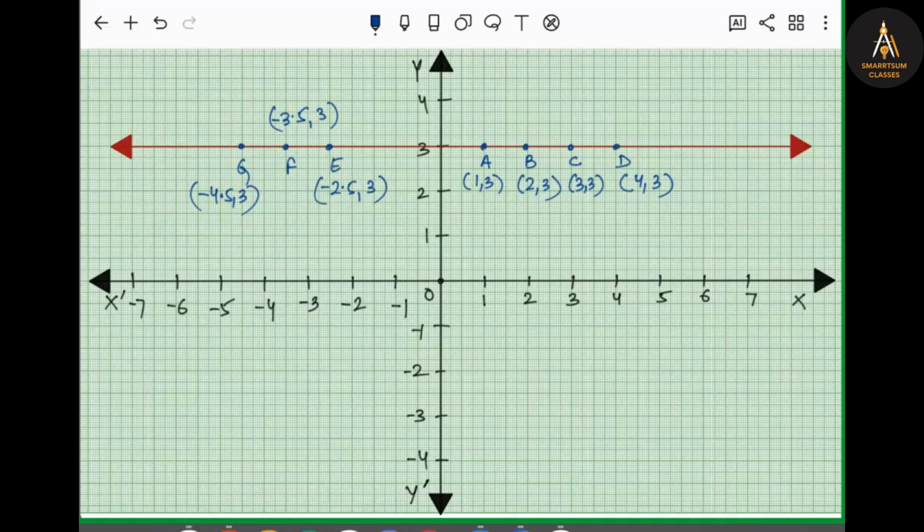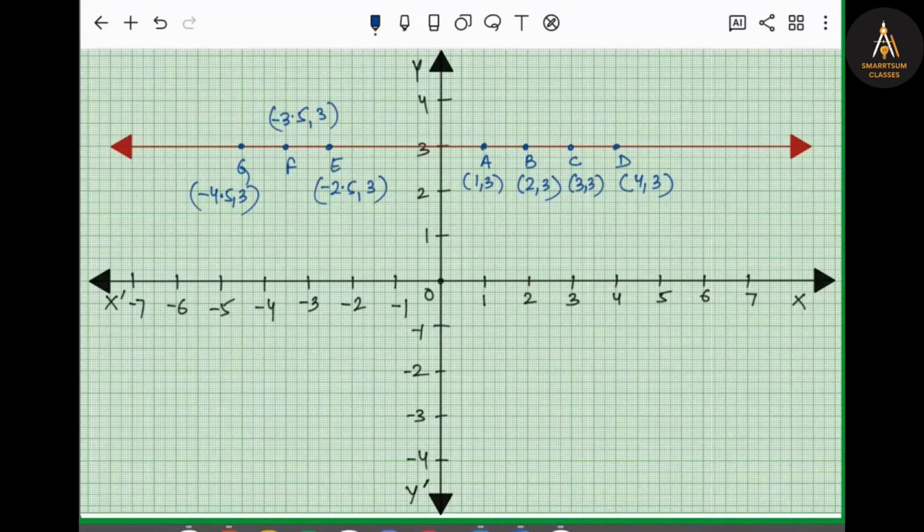So whatever the points which are lying on this line, the value of y is same. It is 3. It is a constant, right? The value of x is changing on the right side and the left side of points, but the value of y is not changing, right?